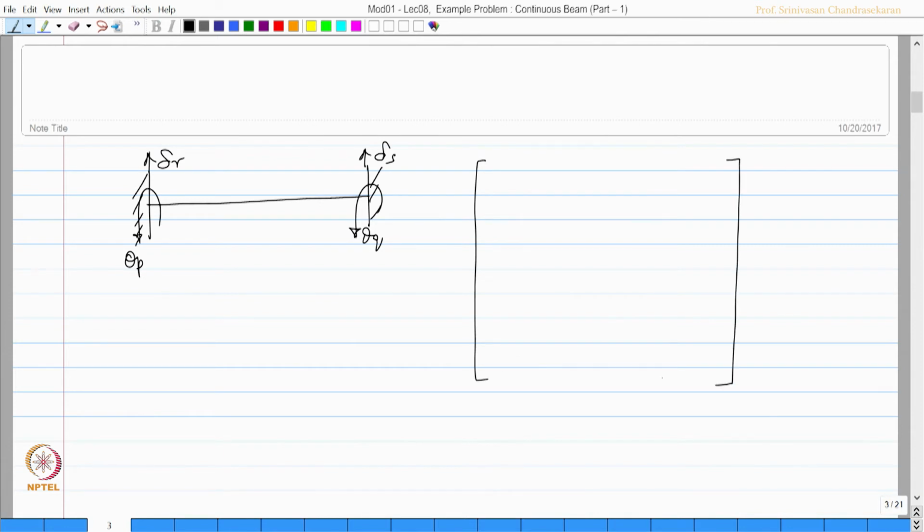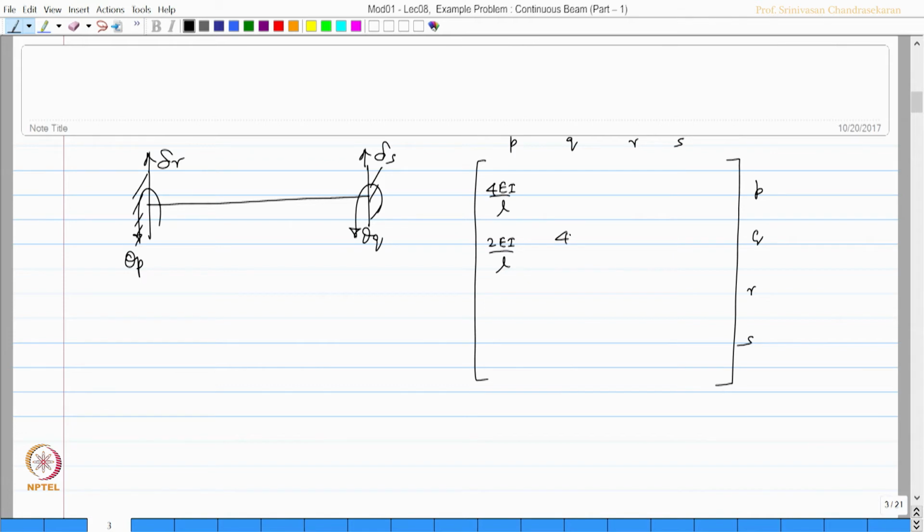So, now having said this, we already know for a standard fixed beam with theta p, theta q anticlockwise, delta r up and delta s up, the standard stiffness matrix will have labels P, Q, R, S, P, Q, R, S. We know this is actually 4 EI by L, this is 2 EI by L, these are the two rotational coefficients.